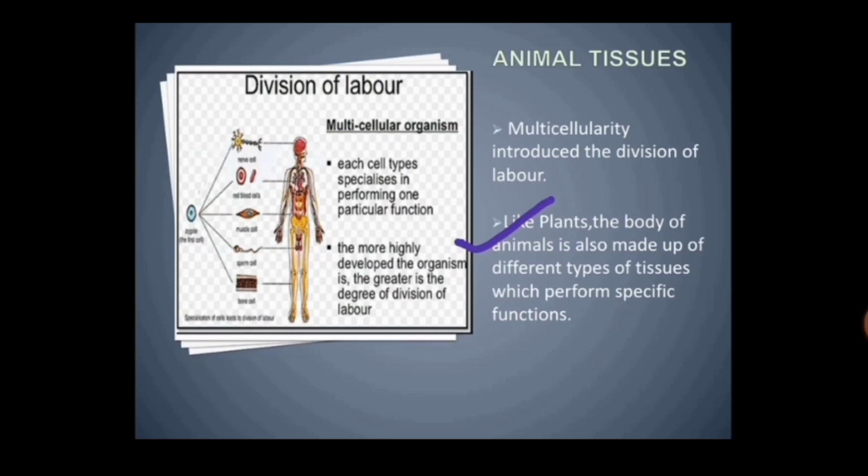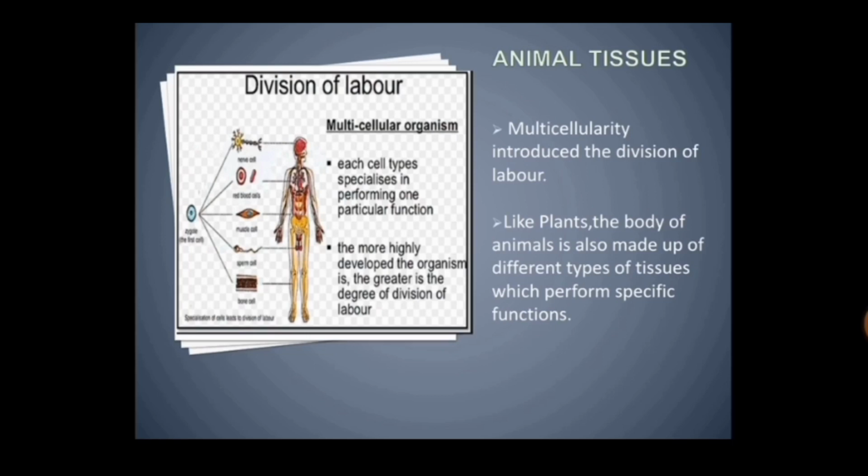contraction and relaxation of muscle cells results in the movement of body parts, right? Blood and lymph carry substances from one part to another. Substances like food material, waste material, oxygen gas, carbon dioxide, etc. Blood and lymph carry those substances from one part to another.